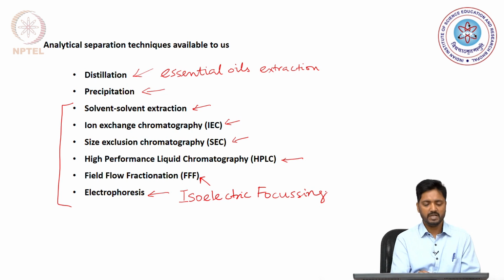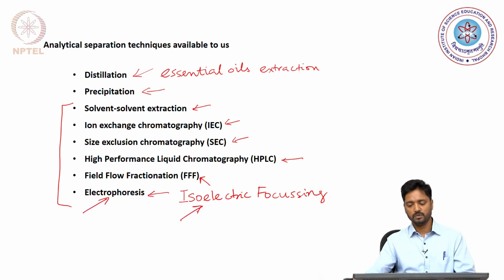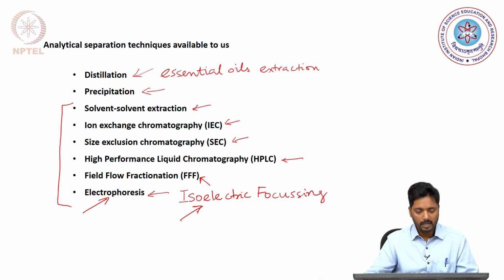So, please be aware that electrophoresis and isoelectric focusing will be employed in the context of proteins and nucleic acids, and the rest of the techniques listed above, such as the solvent extraction and the various chromatographic techniques, are employed for small molecules as well.